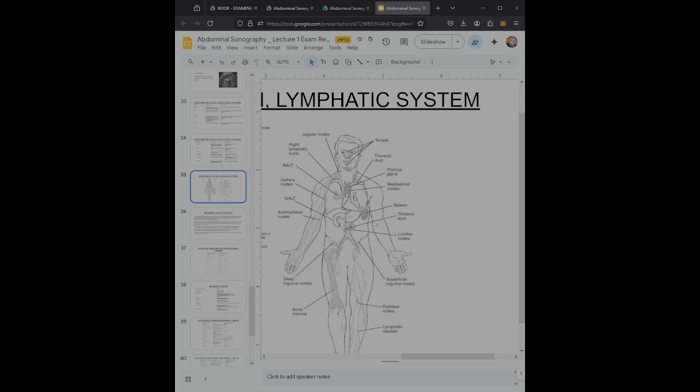There's a thoracic duct, which also has nodes as well. We have gut-associated lymphoid tissue, and we have bronchus-associated lymphoid tissue. There's the spleen and mediastinal lymph nodes.